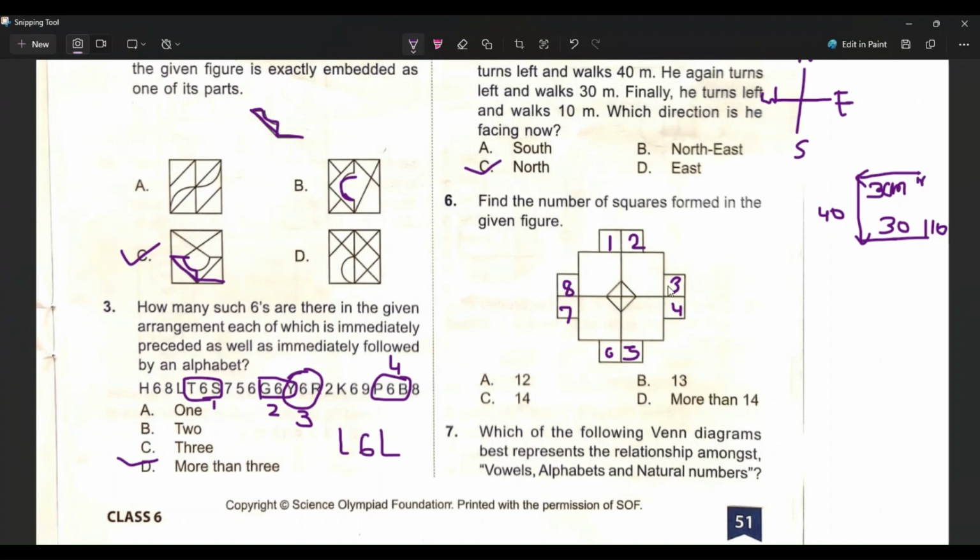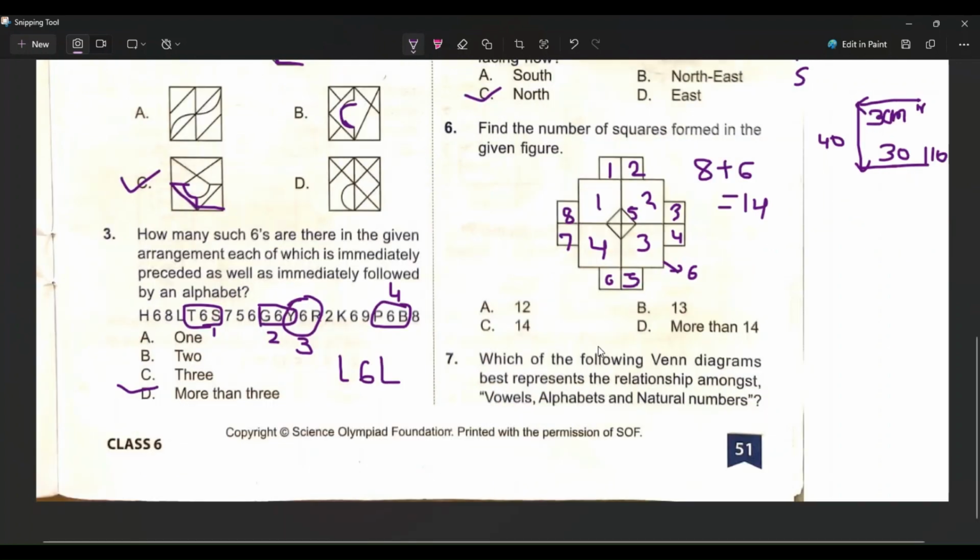So outside we have 8 plus inside 1, 2, 3, 4 and this is 5. The whole is also 1. This is 6. So 8 plus 6 is equal to 14. So our option is option C, 14 is the right answer, children.